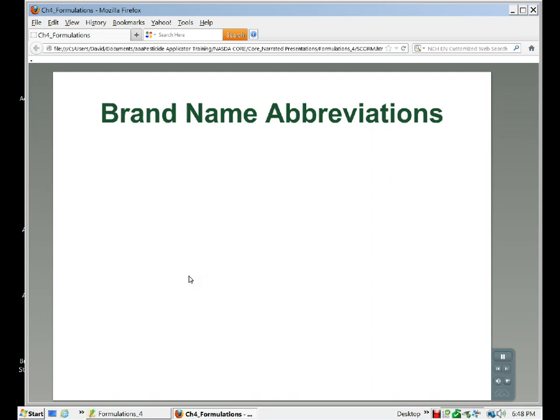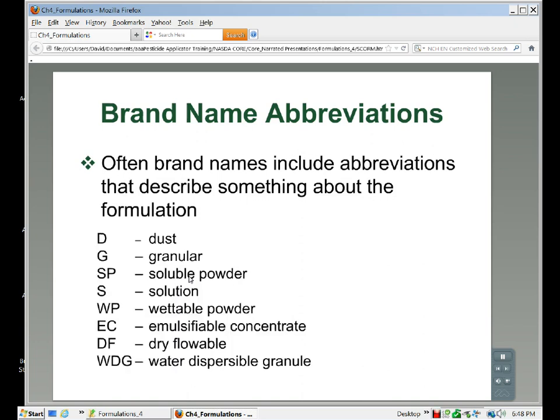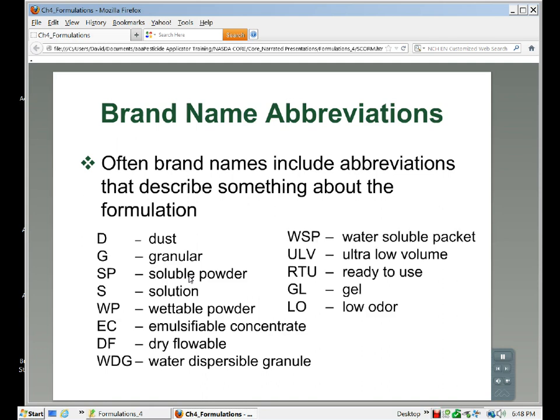This slide shows a listing of the more common abbreviations that describe the formulation. D is for dust and G is for granule. These are applied in a dry form. SP for soluble powder, S for solution, WP for wettable powder, EC for emulsifiable concentrate, DF for dry flowable, WDG is for water dispersible granules, and WSP is a water-soluble packet.